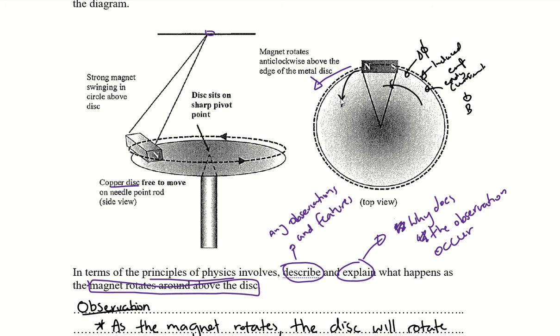So if we have a north pole moving in this direction here, we want to generate eddy currents that generate a north pole going in the opposite direction to oppose this motion. So what I want you to picture is, if you're looking at it from a sideways point of view, remember, according to our understanding of north and south poles, magnetic fields always go from north to south. So you can imagine the magnetic field looking like this picture here.